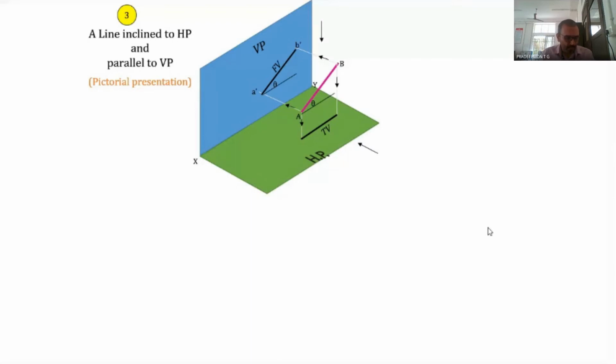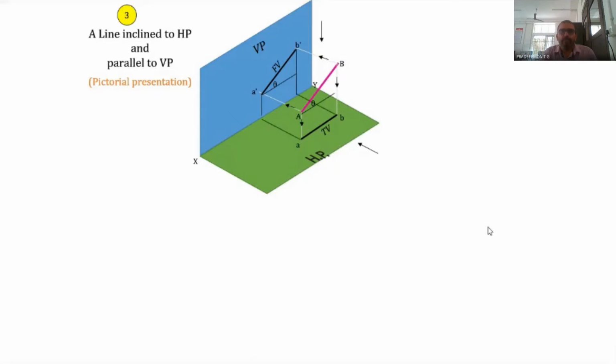When the line was parallel to HP, the front view was parallel to the XY line. When the line was parallel to VP, the top view was parallel to the XY line. So in this case, the line is parallel to VP and inclined at an angle to HP. So the front view is inclined at an angle to the XY line, and the top view is parallel to the XY line. So this is the line AB.